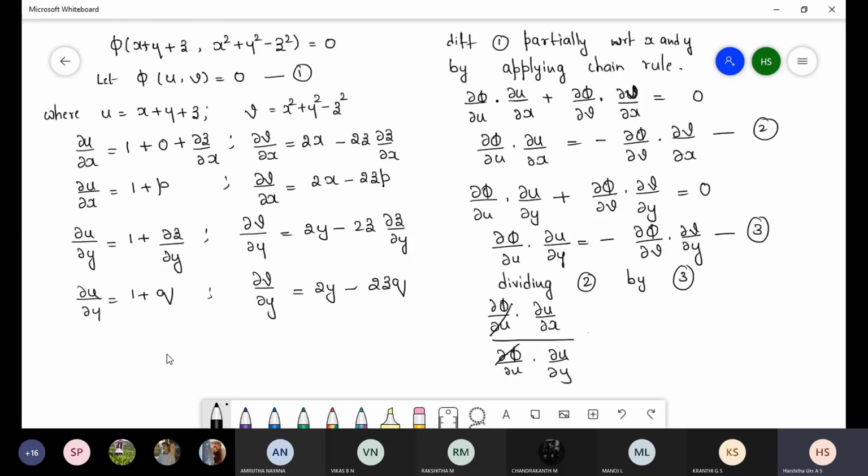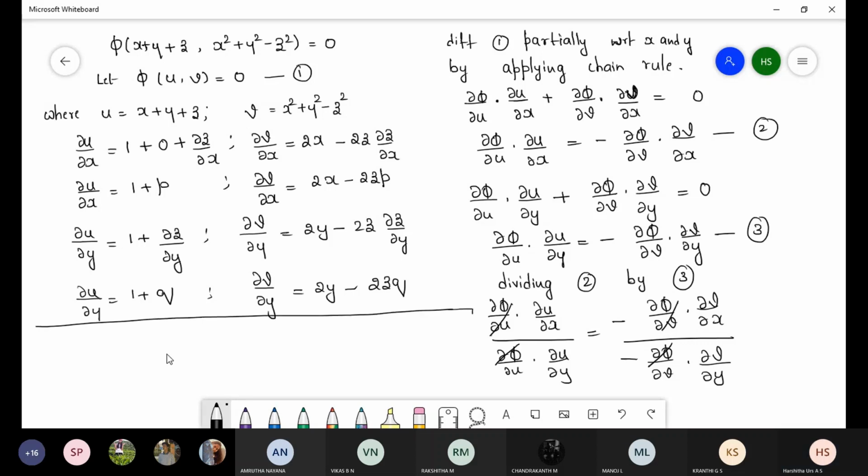These two will get cancelled, is equal to minus of dou phi by dou v into dou v by dou x divided by minus dou phi by dou v into dou v by dou y. These two also will get cancelled. I write the remaining terms: dou u by dou x is 1 plus p, divided by dou u by dou y, that is 1 plus q.